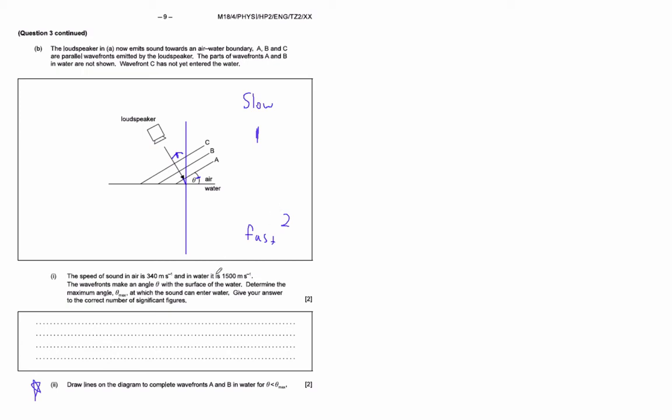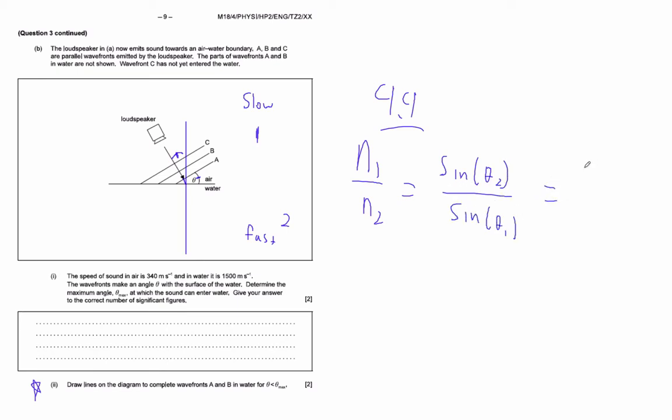And then what they want to do is find the critical angle, basically. What is the maximum angle? So we have to use, and this is in subtopic 4.4, Snell's law, but it's got velocities in it, right? So we've got n1 over n2 is sine theta 2 over sine theta 1, and then that equals v2 over v1, right?